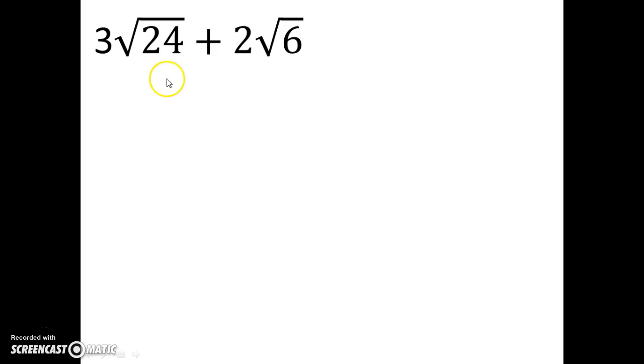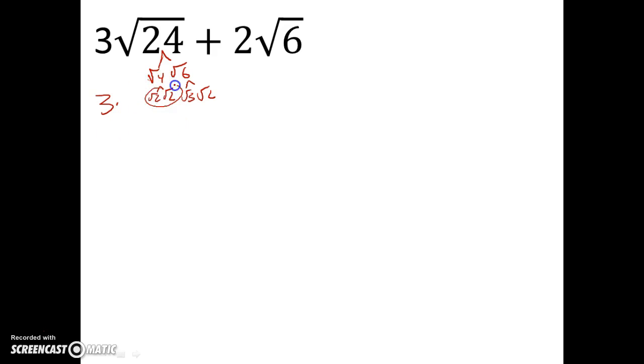Now we'll add. Because these are different terms, root 24 and root 6, I cannot combine these. But I'm going to factor 24 and see if I can't make it work. So when I factor 24, I end up with 3 times root 4 times root 6, root 2 times root 2, root 3 times root 2.